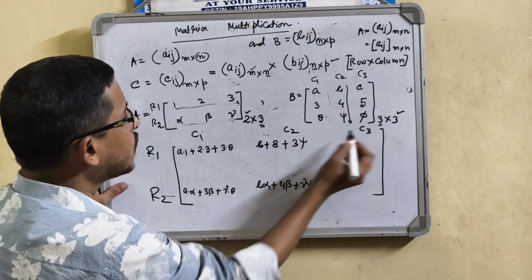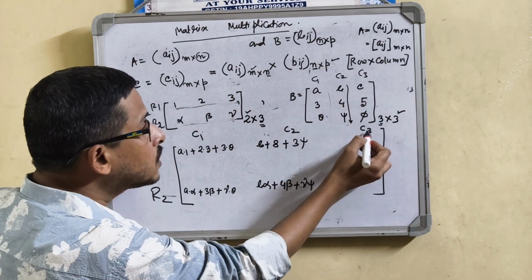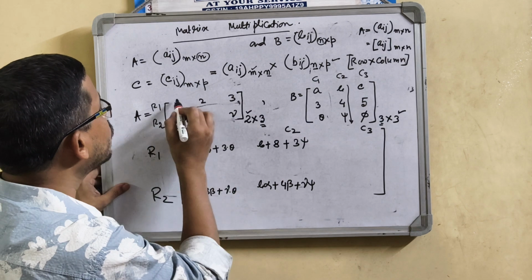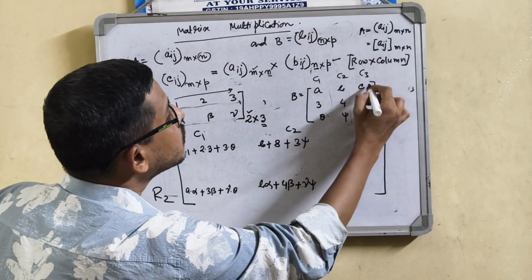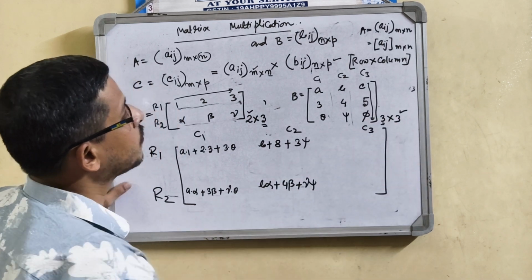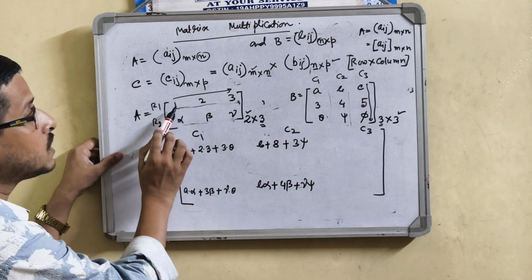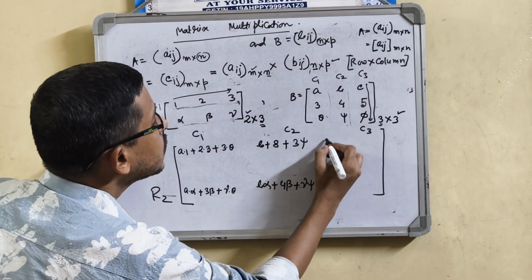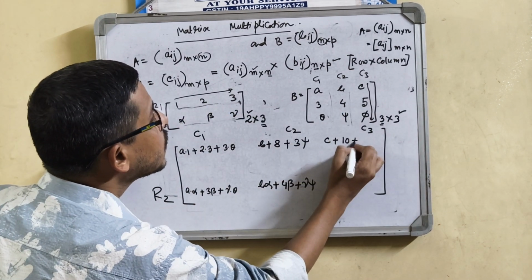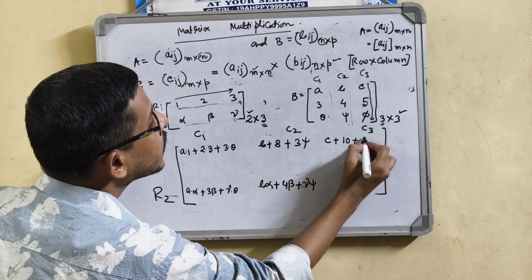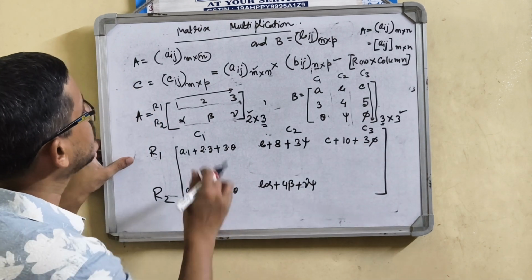Okay. Now this is the first row, third column. This is the first row and this is the third column. So the first row gives C, plus 5 into 2, that is 10, plus 3 into 5. Got it?